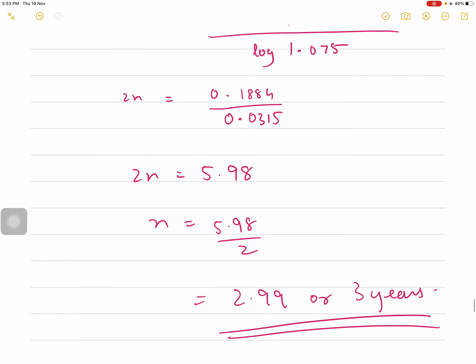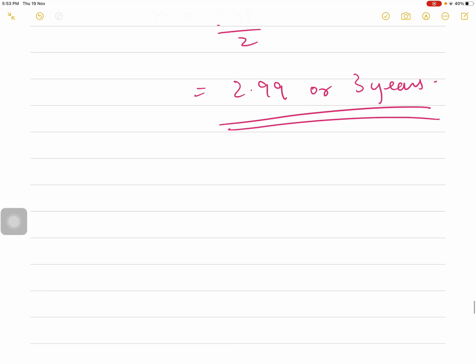Okay, similarly solve the second part. In the second part, P is equal to 500, A is equal to 1000, R is equal to 0.15, D is equal to 2, and you have to find the value of n.